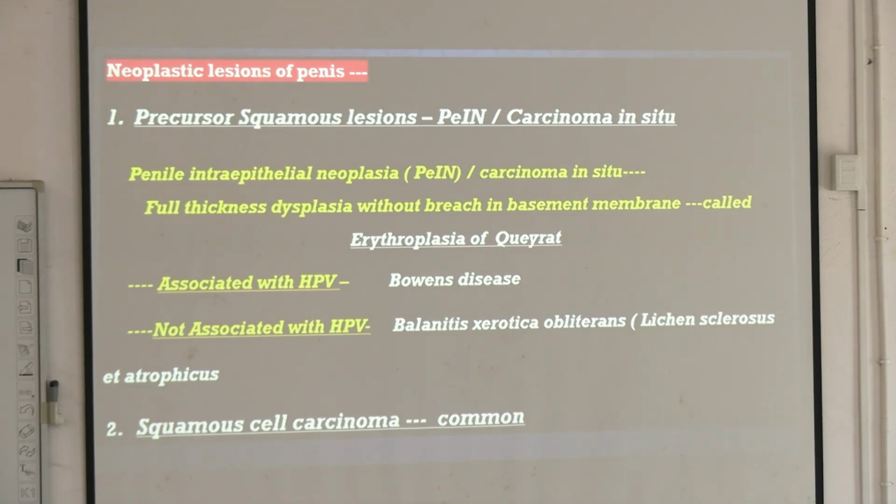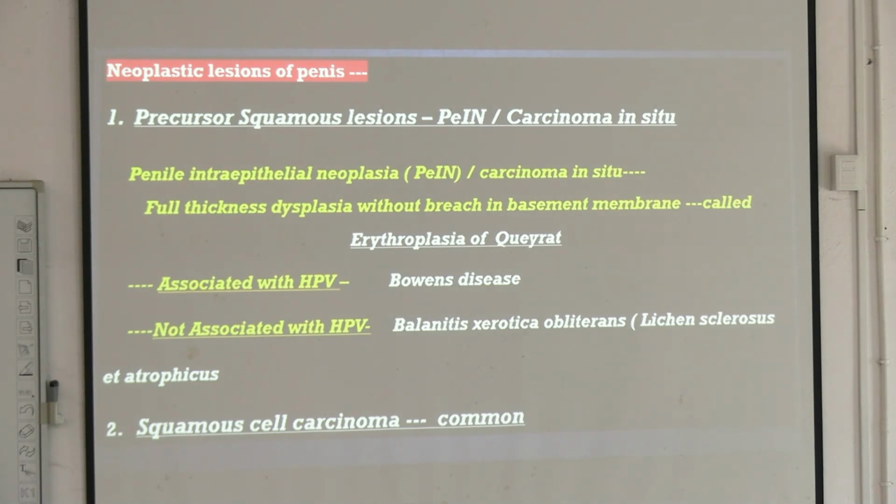Neoplastic lesions: the precancerous lesion, and another is the invasive one. The precancerous one is carcinoma in situ. Penile carcinoma in situ means full-thickness dysplasia without invading the basement membrane, which we call pre-invasive, and that disease is called Erythroplasia of Queyrat. This may be associated with a viral origin.